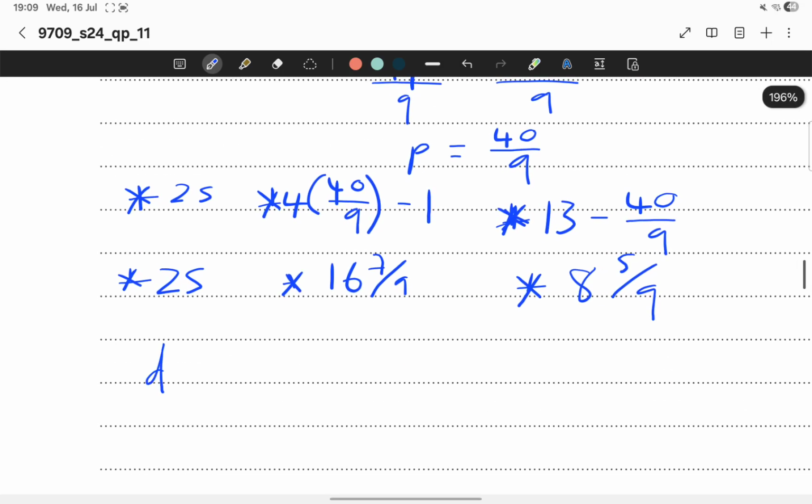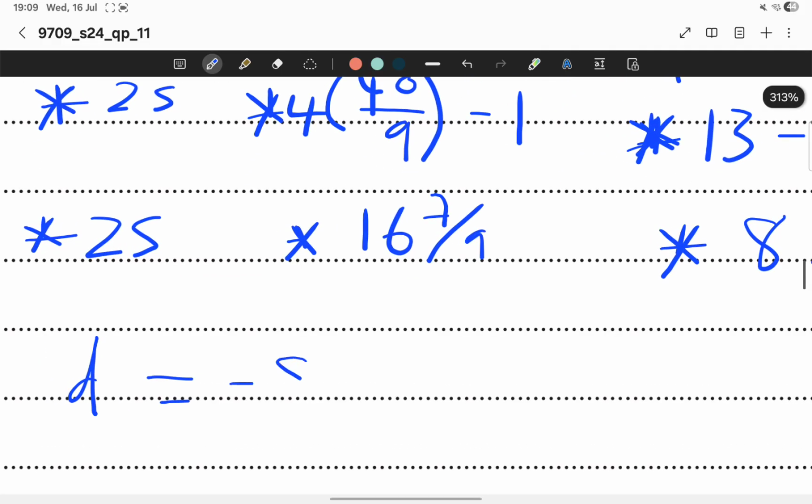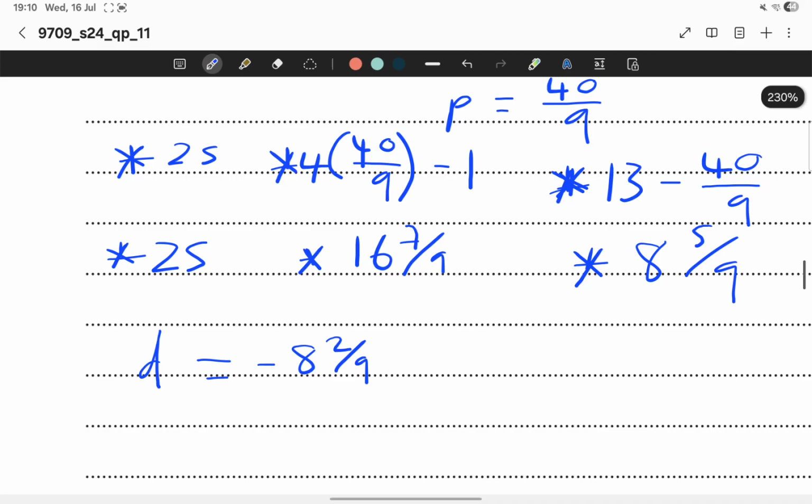And the common difference, d, will be 16 and 7 over 9 minus 25. It's minus 8 and 2 over 9. We should get the same when we say 8 and 5 over 9 minus 16 and 7 over 9. We still get minus 8 and 2 over 9, meaning our calculation is correct.